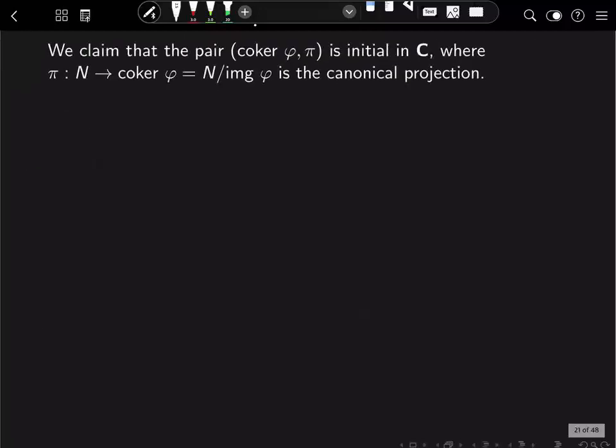Now, the claim is that the cokernel of phi, or it should actually be written the other way around, pi, comma, cokernel phi, is initial in this category. And we're going to take pi to be the canonical projection, right?